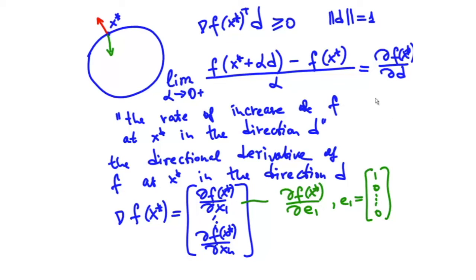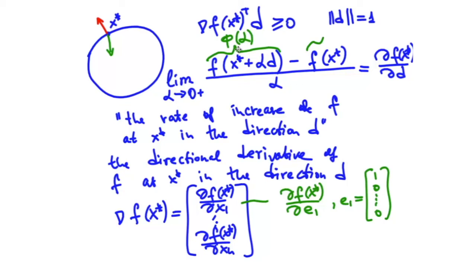So how do we do this? We'll consider this as a function of alpha only, and denote it by phi of alpha. If phi of alpha is given by this expression, then by setting alpha equal to 0, I get exactly f of x star. So phi of 0 is f of x star.